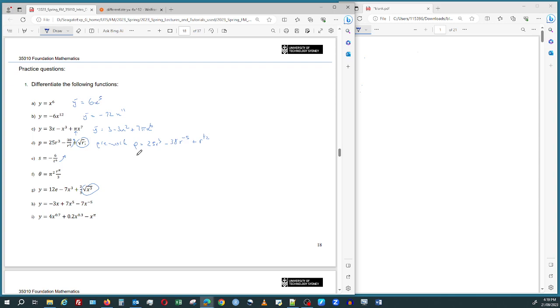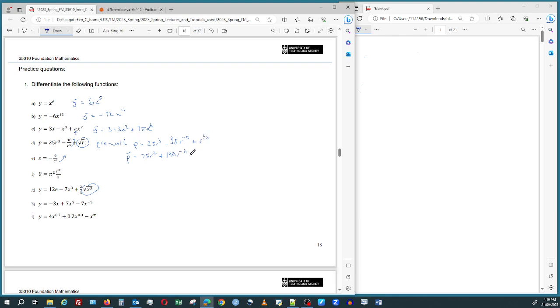So then each of these terms has to be worked out for P dash. So 3 times 25 is 75, R squared, minus 5 comes out the front, minus times a minus is a plus, 5 times 38 is 190, minus 5 minus 1 is minus 6.